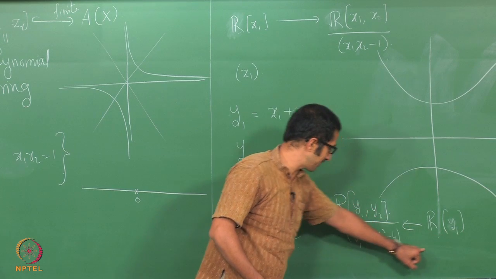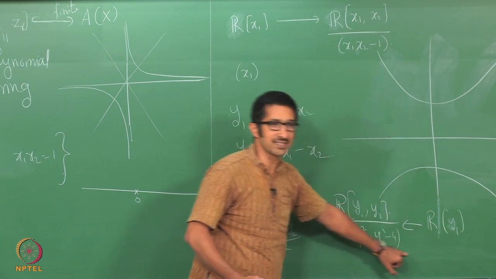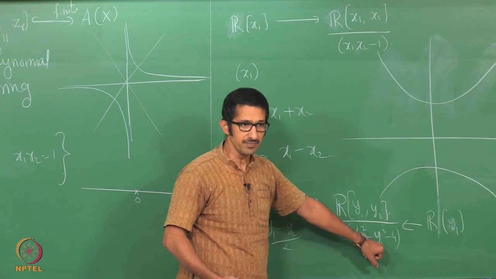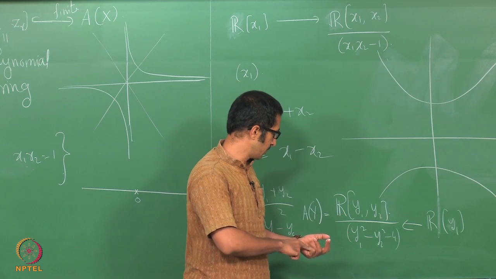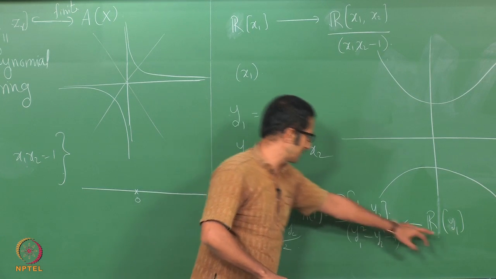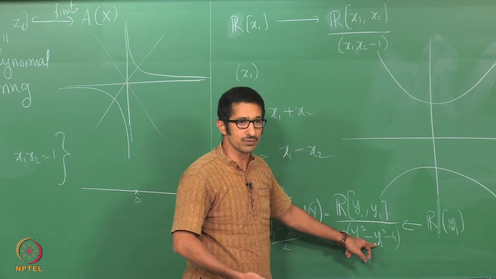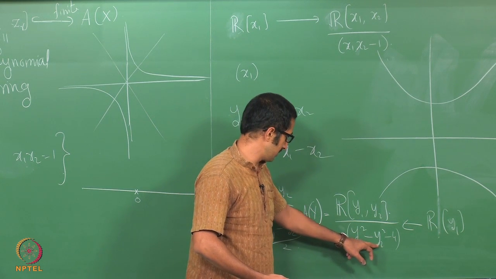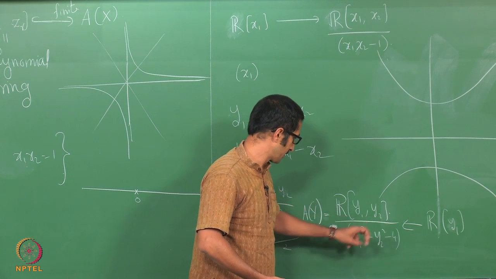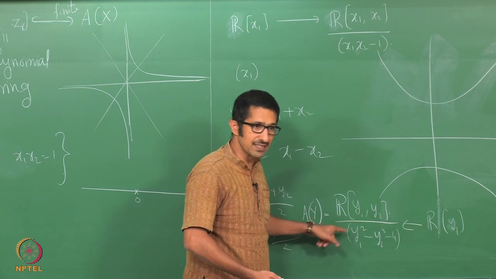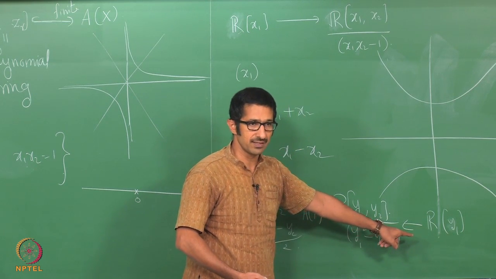So, what we have is a finite extension now, because it is generated by y 1 y 2, I mean, generated by 1, y 2 and y 1 y 2. After that you can create y 2 square is y 1 square minus 4.